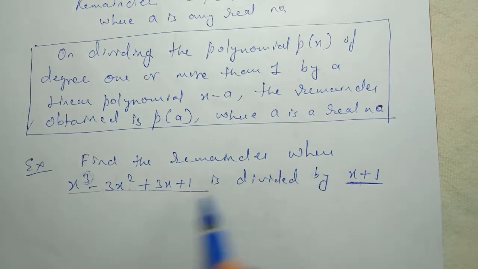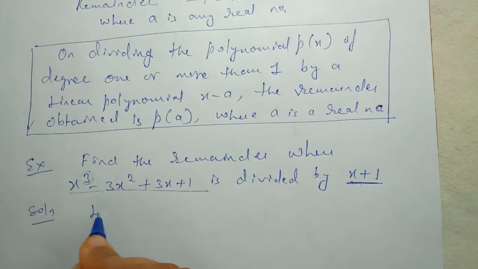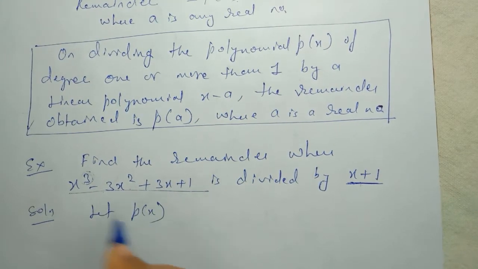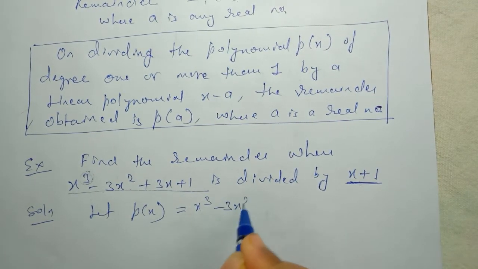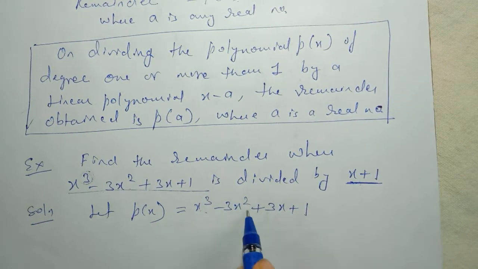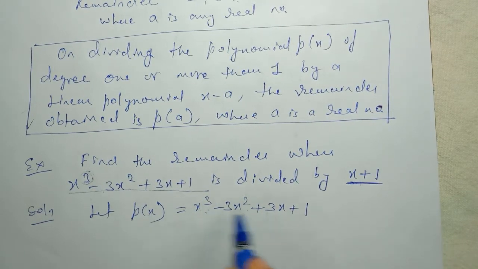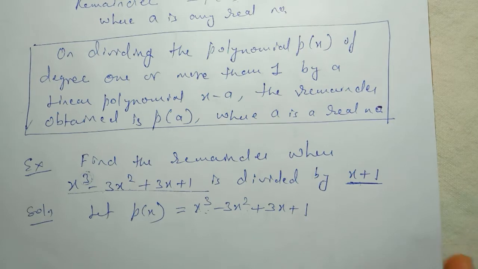We don't have to divide it directly. We are going to use the remainder theorem. How will it be used? Let's see. First we suppose the polynomial is p(x), because the variable here is x. If the variable is y, then we will write p(y). If the variable is t, then we will write p(t). So here the variable is x, so we take p(x) equal to this.